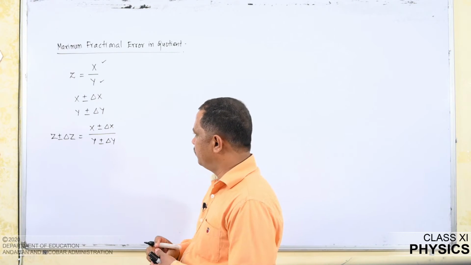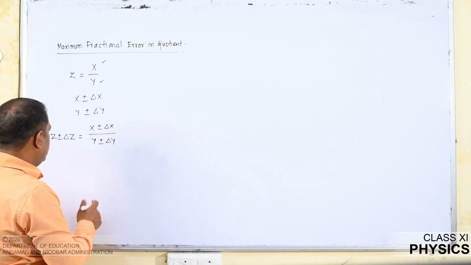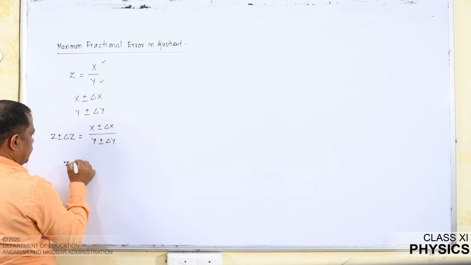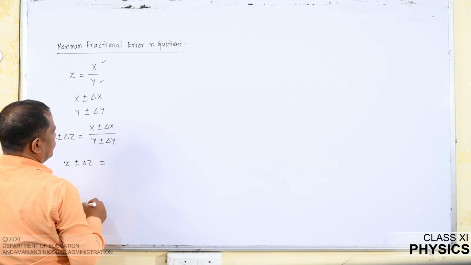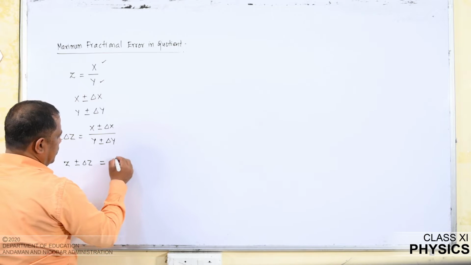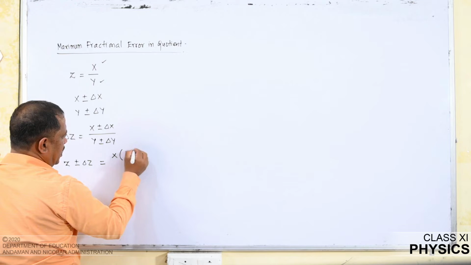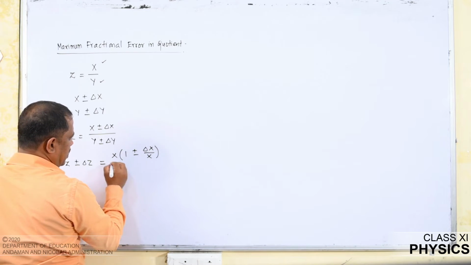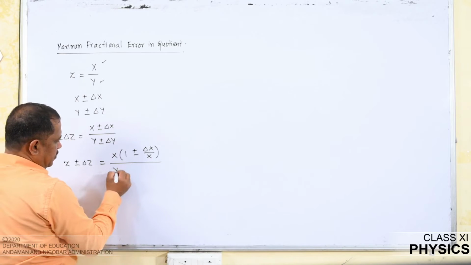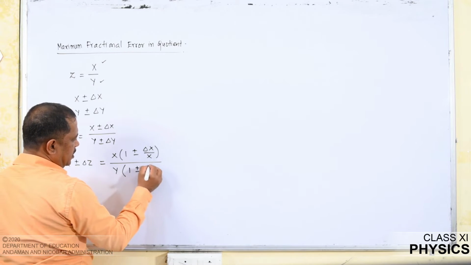In that case, I can rewrite this expression as z plus or minus delta z is equal to, I take x common, so I will have 1 plus or minus delta x over x, and here I want to take y outside. I am going to have 1 plus or minus delta y over y.